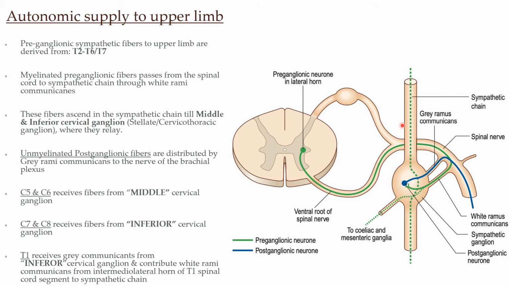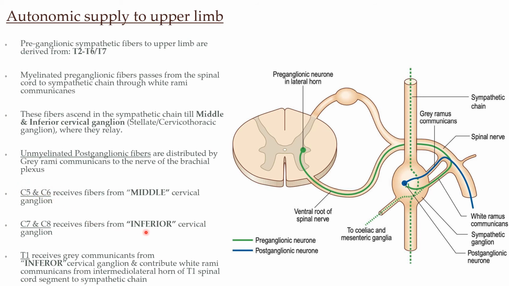They ascend till the middle and the inferior cervical ganglion, which are responsible for innervation of the head and neck region. After relaying in the middle and inferior cervical ganglion, the postganglionic fibers from the middle cervical ganglion will enter into the fifth and sixth cervical spinal nerves, that is C5 and C6 spinal nerve.